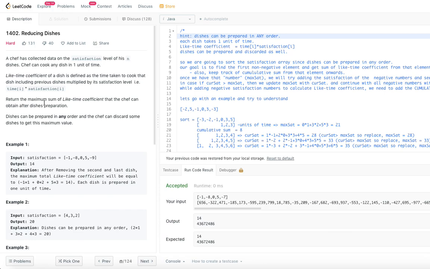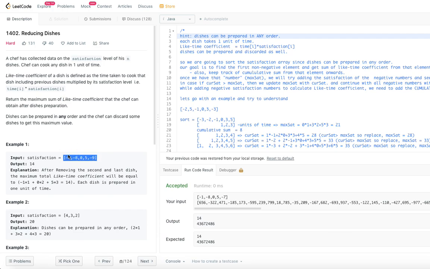So basically there is a chef and he is trying to calculate the satisfaction value by using the time taken for it and the satisfaction. So we are given the input as a satisfaction array, right? If you look at example 1, we are given an array. We need to find the maximum sum of the like time coefficient that you can get by preparing the dishes given in the satisfaction array.